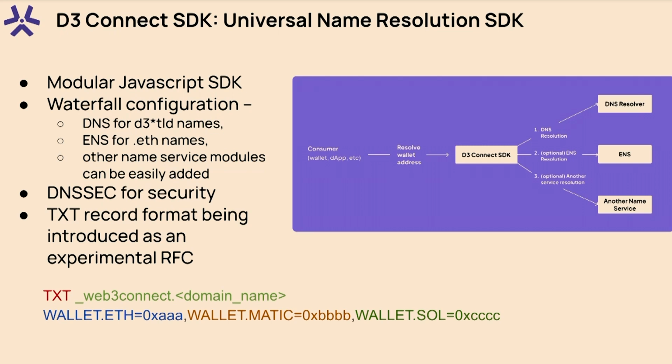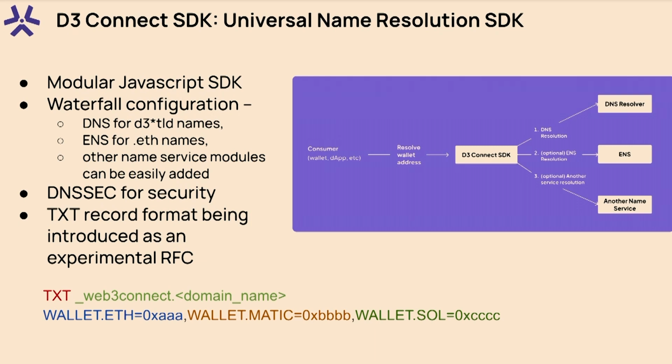Our goal is to provide a single unified SDK that can resolve any Web3 name across any blockchain. For security, we use DNSSEC under the hood to guard against any kind of DNS poisoning attacks. You could think of this like HTTPS, but for DNS.